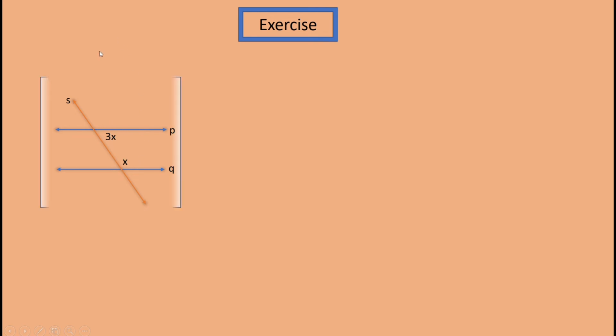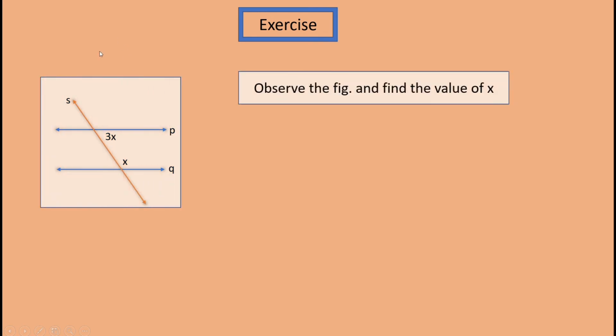So now let us consider the different examples from exercise 2.1 and 2.2. Here in the first example, two parallel lines are indicated, P and Q, and S is its transversal, and two angles are indicated here, 3x and x. So what is our example? Observe the figure and find the value of x.